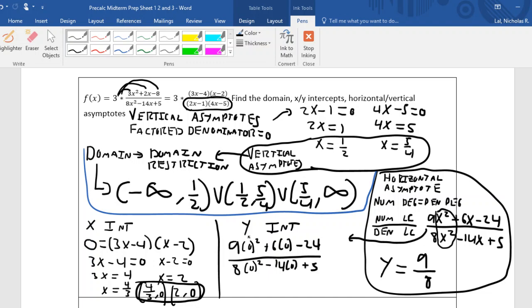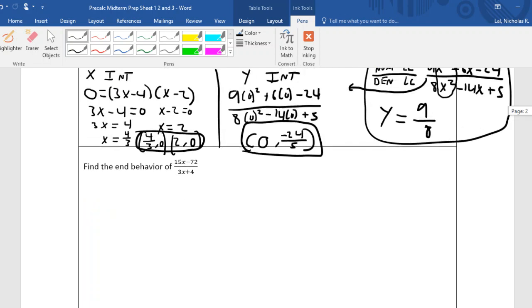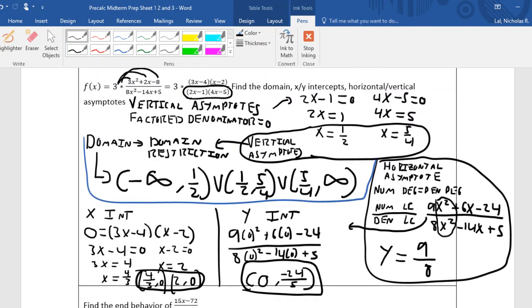This simplifies for the y-intercept to negative 24 fifths. So the y-intercept is (0, negative 24/5). All right, that is problem 3 in our midterm study guide.